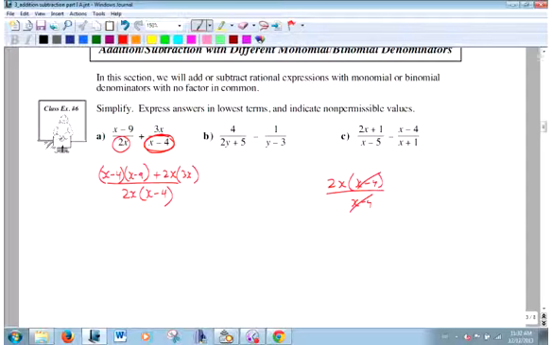Okay, remember a couple days ago we wanted to factor things so we could cancel stuff out? So I don't want to go backwards and multiply it out. I want it to stay in factored form.